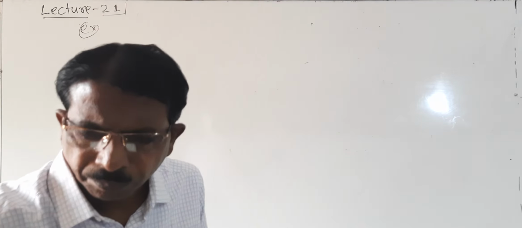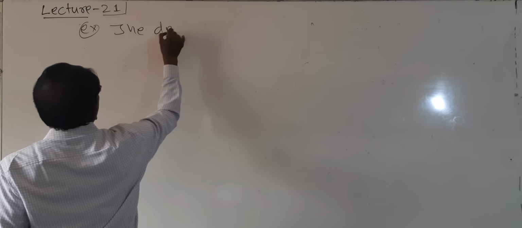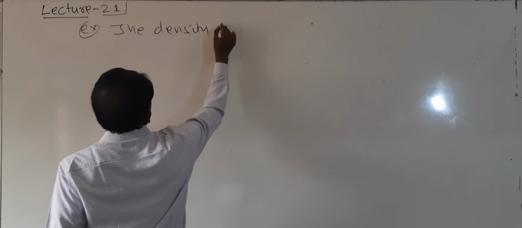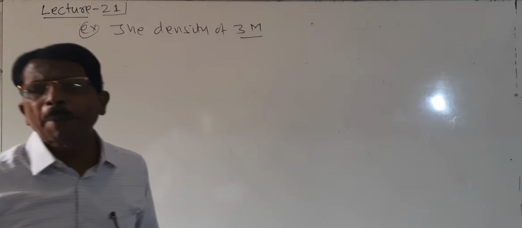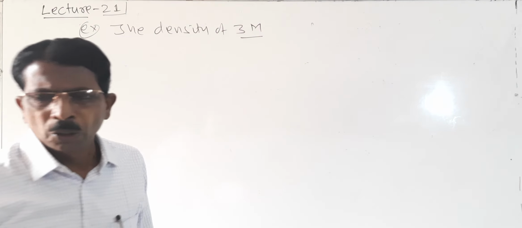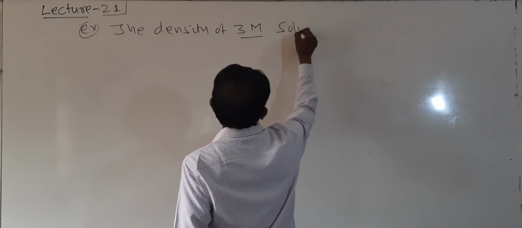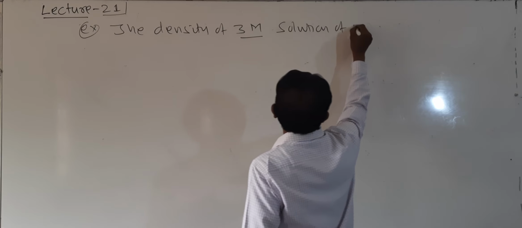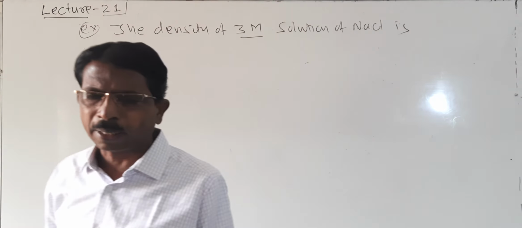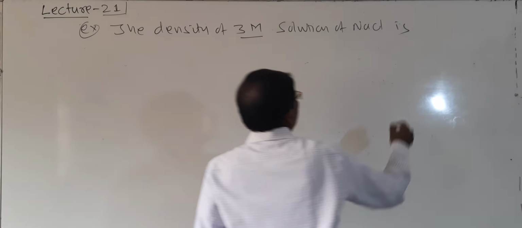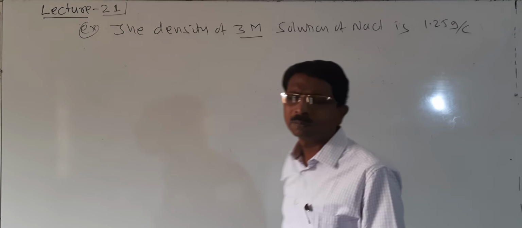Look here, the density of 3 M, capital M, molar solution of NaCl, sodium chloride, is 1.25 gram per cubic centimeter.